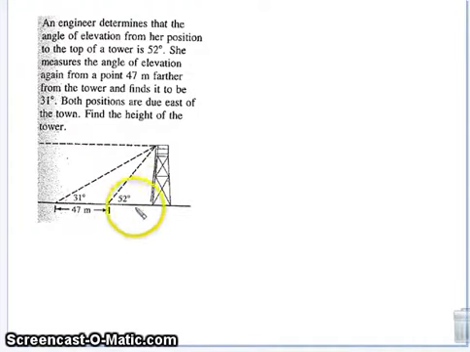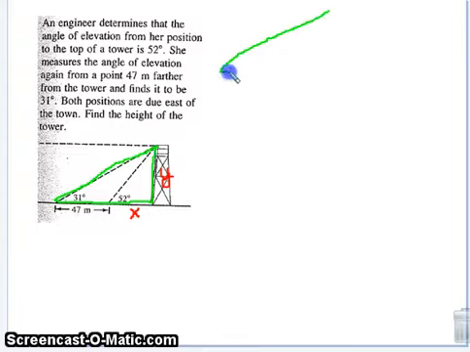There are two things we don't know. We don't know this distance on our second triangle, and we don't know the height of the tower. So we are actually going to have two variables. We have two different triangles. One right triangle is going to be the right triangle that has an angle of elevation of 31 degrees.